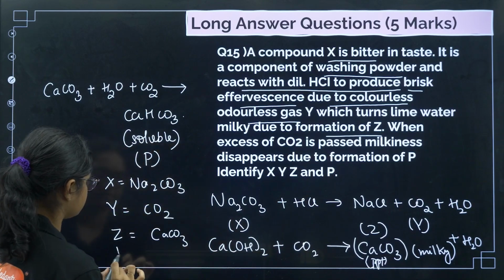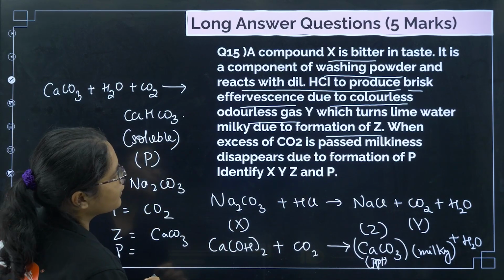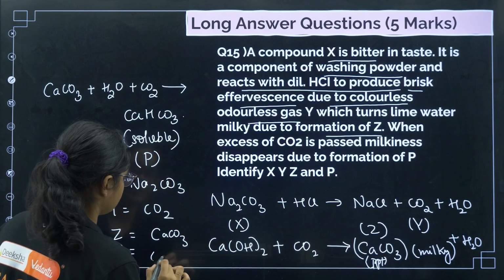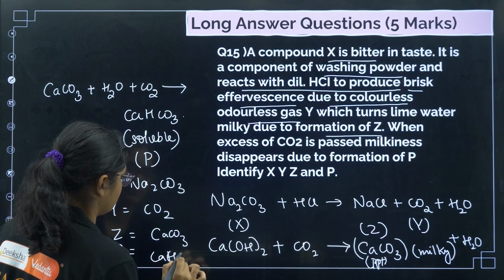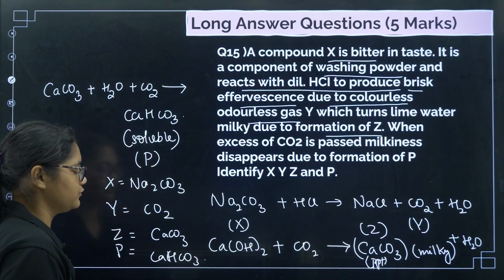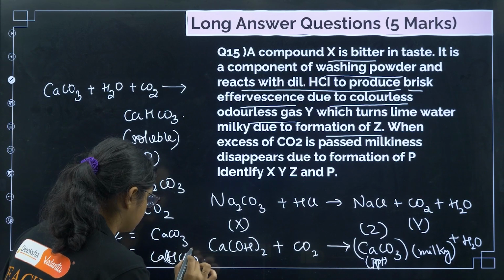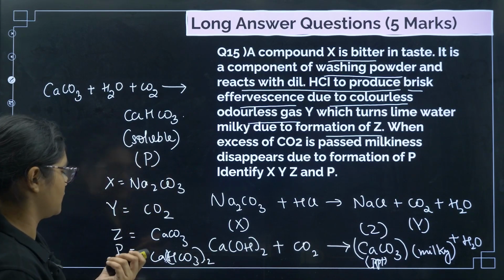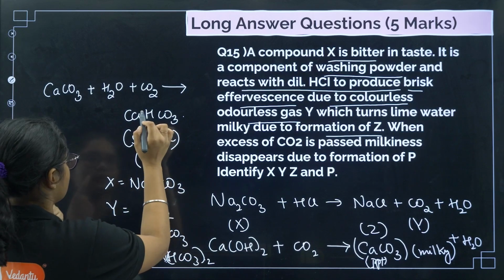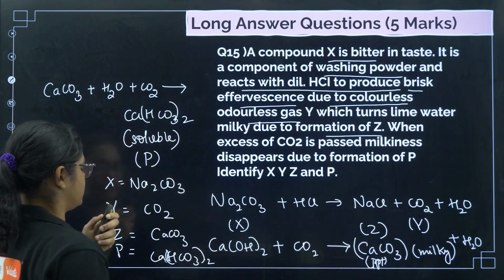Yes, due to the formation of Z, and P is calcium bicarbonate, Ca(HCO3)2. Okay, fine. So here also I wrote the formula wrong, Ca(HCO3) whole 2.